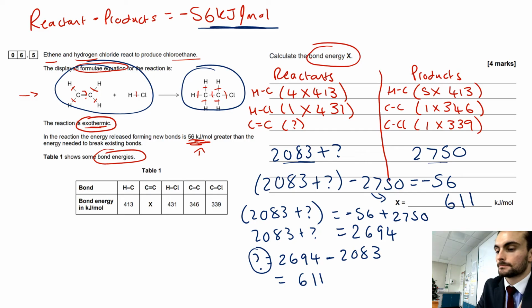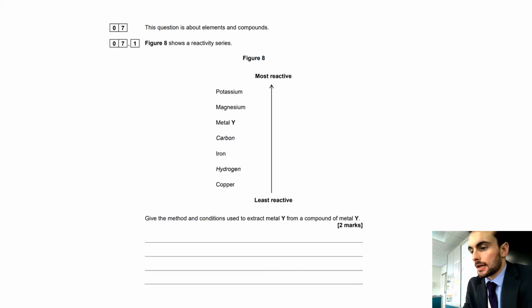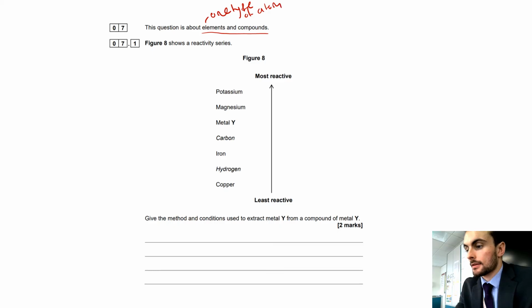So this question is about elements and compounds. Recap, what is an element? So an element is, remember, one type of atom, and your compounds are two or more different atoms chemically combined.